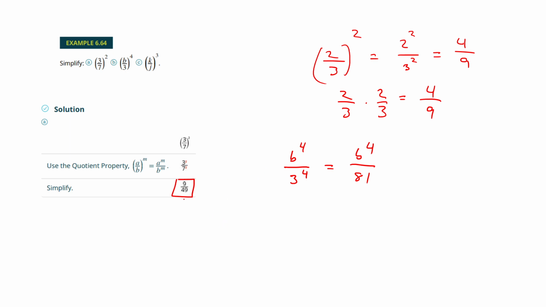Okay, so I've got one more c here. We'd make that k to the 3rd over j to the 3rd. We've got some more here. Let's make this 5 squared over 8 squared, or 25 over 64.